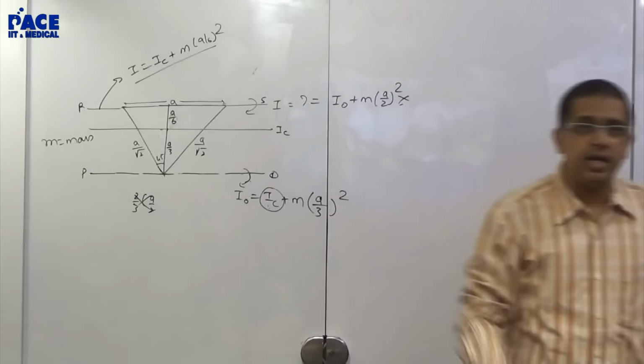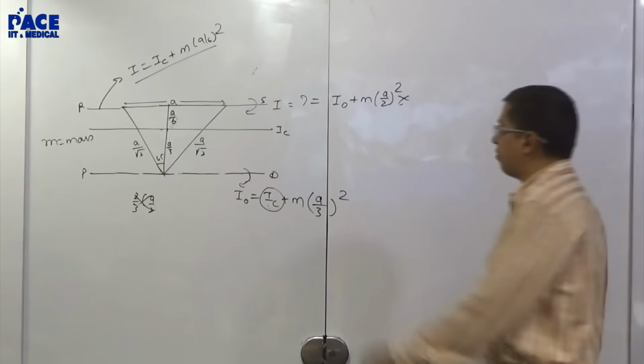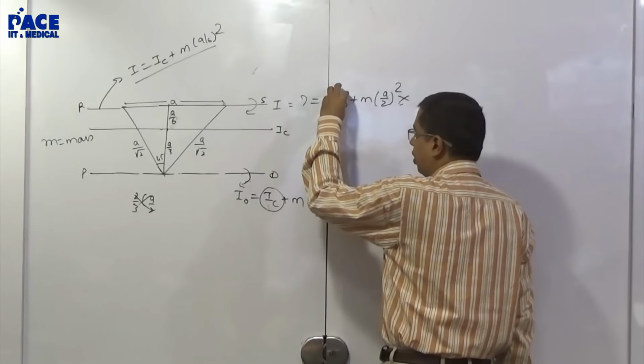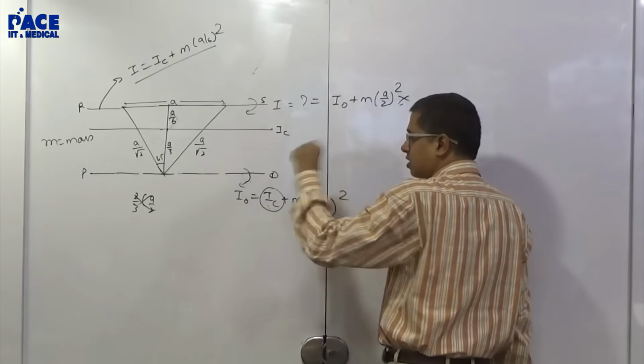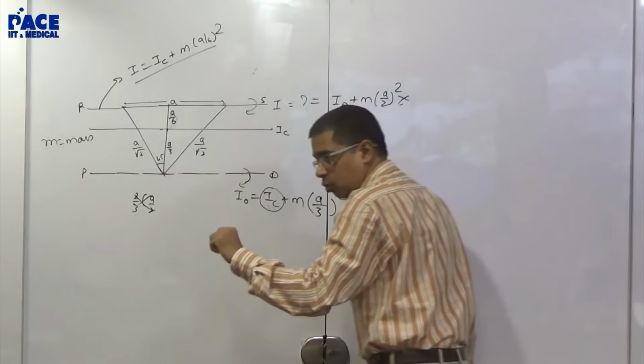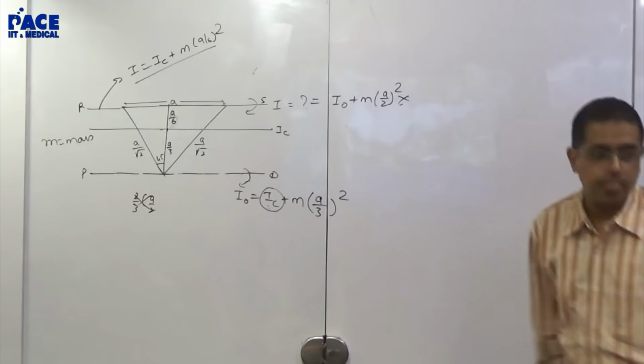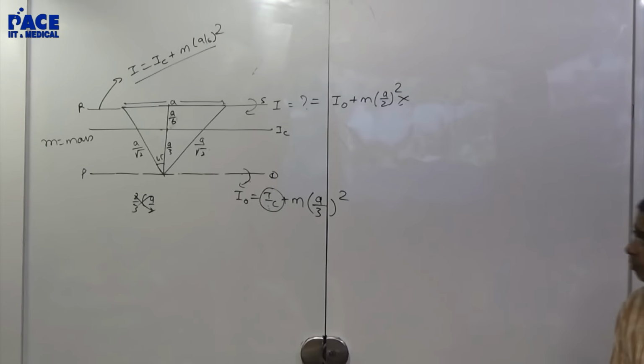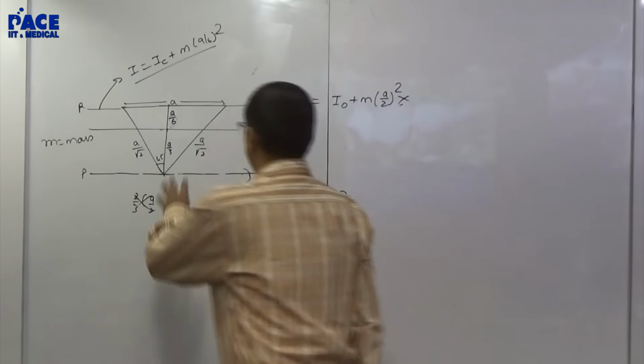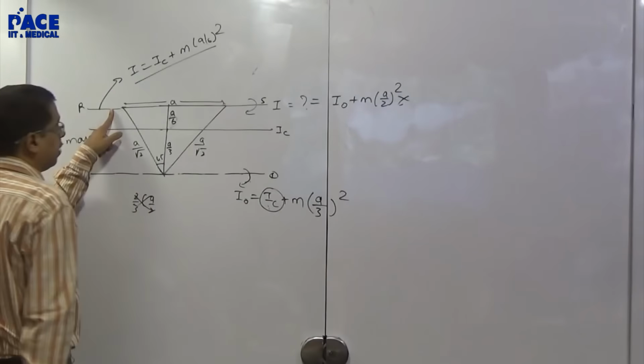The problem is mainly given for students to fall for the trap of directly applying the parallel axis theorem. You are missing the fact that this must be an axis passing through the center of mass. Question again: the moment of inertia of the triangle about this axis is required. That will be IC plus M into this distance whole square.